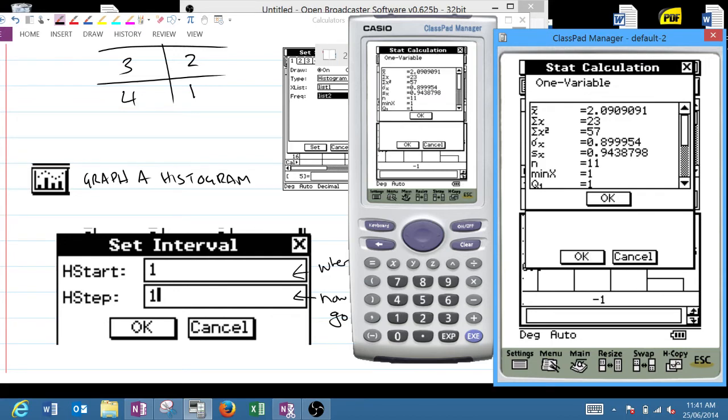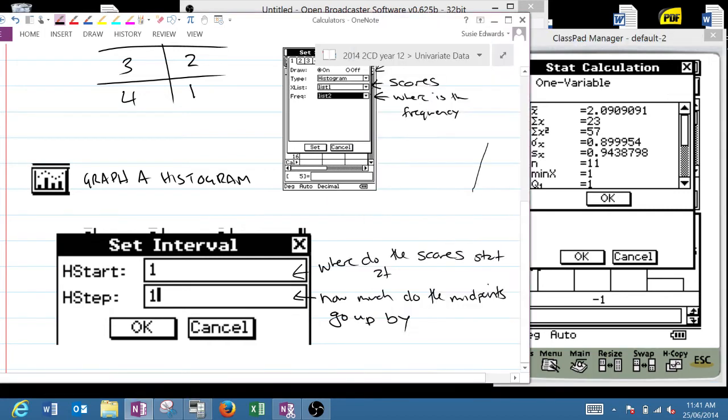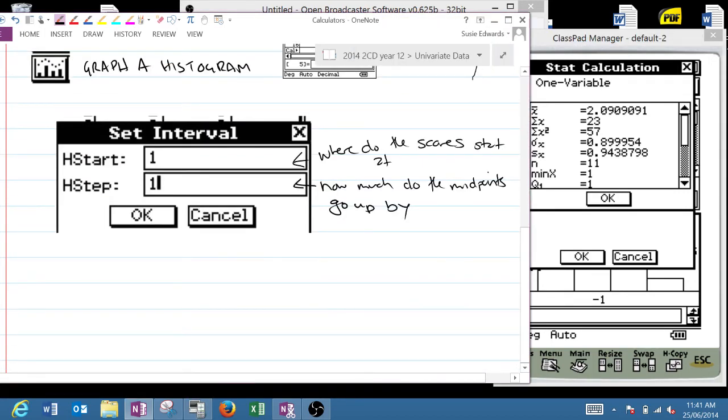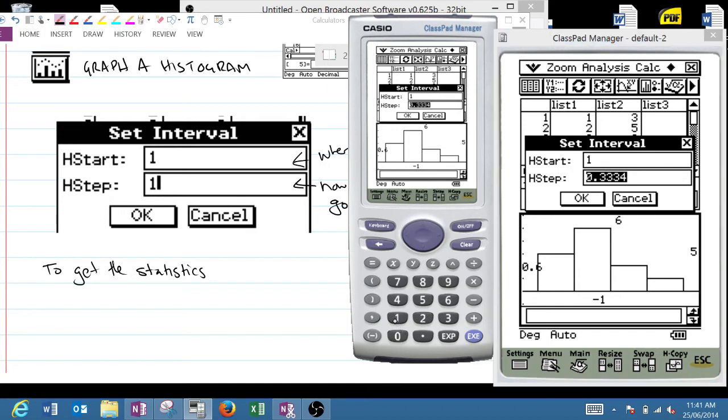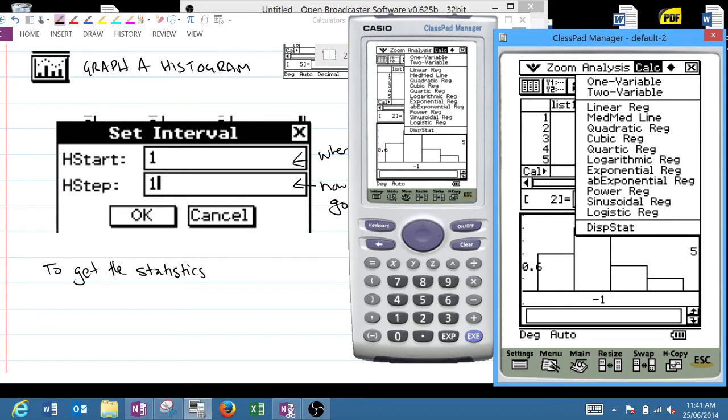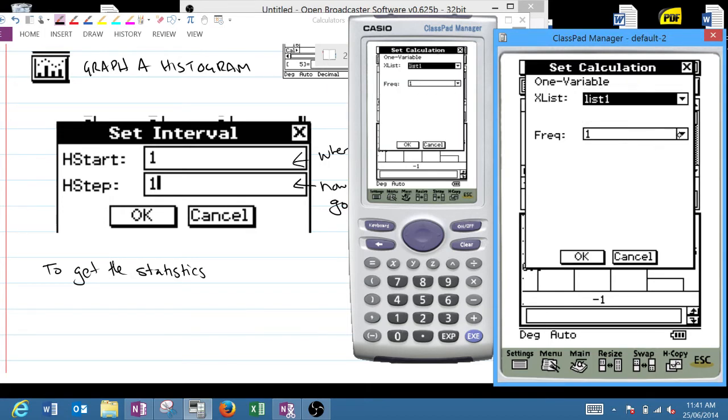And we press OK. Now I'm just going to write some notes about that and then I'll move up. So, to get the statistics, where did we go again? Calc one variable and change the frequency.